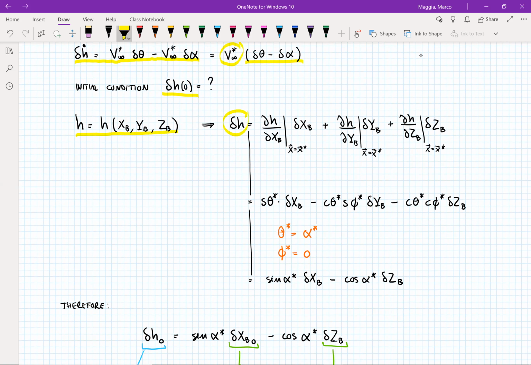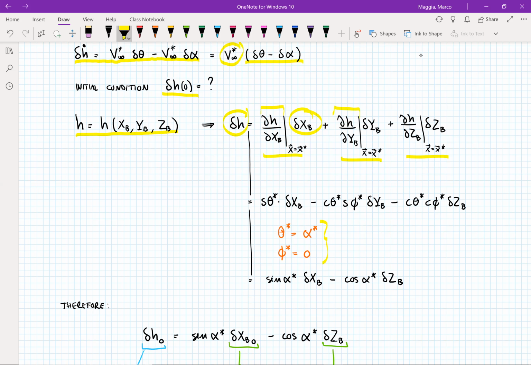So delta H is partial H with respect to xb times delta xb plus partial H over partial yb times delta yb and so on and so forth. And these partial derivatives have to be computed at the reference points.